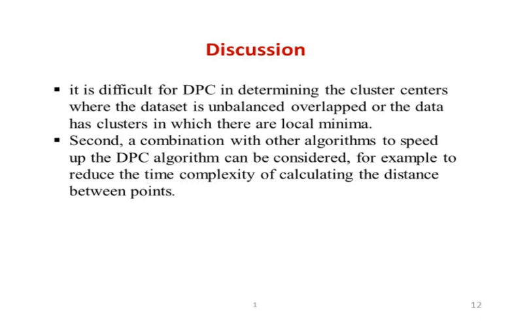Second, a combination with other algorithms to speed up the DPC algorithm can be considered, for example to reduce the time complexity of calculating the distance between points. The study to apply different types of distances for each dataset can also be further considered. Finally, the research and development of semi-supervised clustering algorithms based on DPC is also a promising research direction.